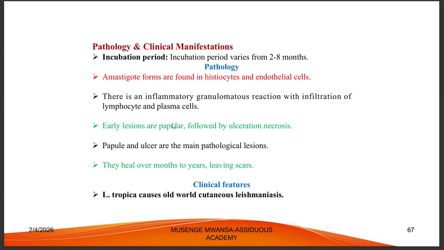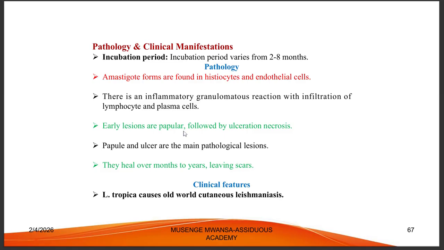So what happens is that there's going to be an inflammatory granulomatous reaction with infiltration of lymphocytes and plasma cells. Once you are bitten by the insect, there will be a granulomatous reaction, and then there will be infiltration of lymphocytes and antibodies to go to the area.